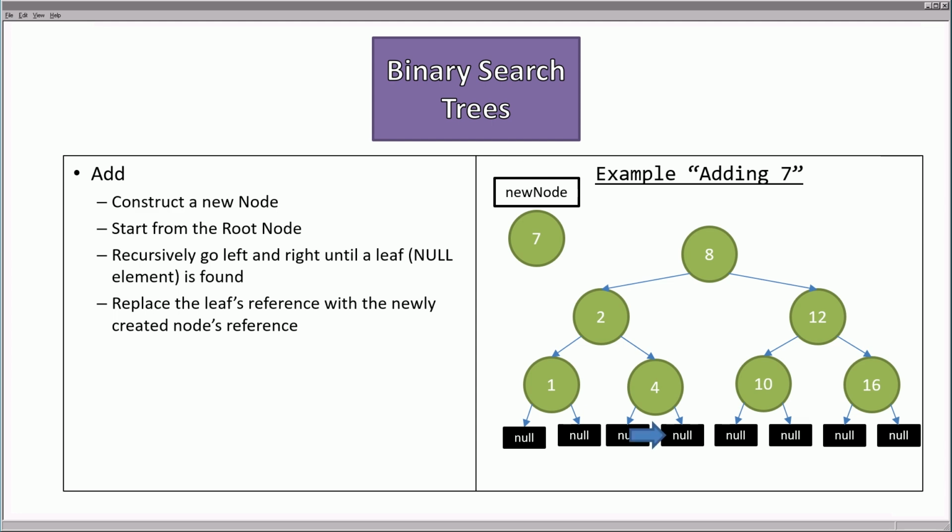And now we finally reached a leaf, this null element down here. What we then do is replace the reference in this node's right child with this new node's reference. And so this places that node there. And we're done. Let's see how this looks in code.